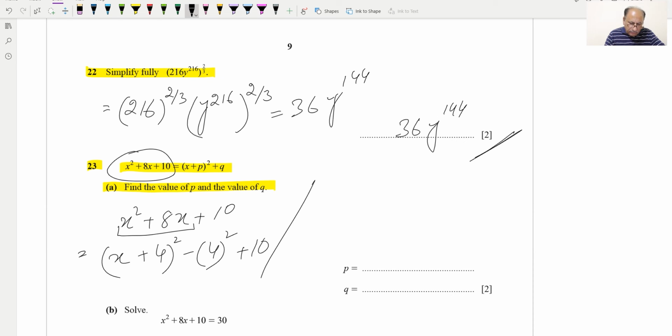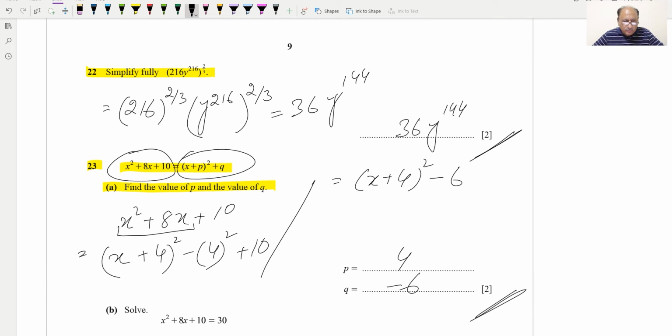Further we can rewrite it as x plus 4 squared minus 16 plus 10, so it will be minus 6. If we compare this portion with this one, our p value will be 4 and q value will be minus 6, and this is a 2 mark question which we have done.